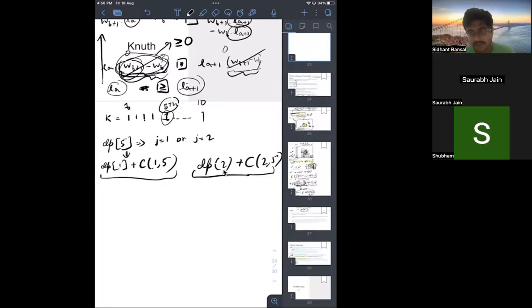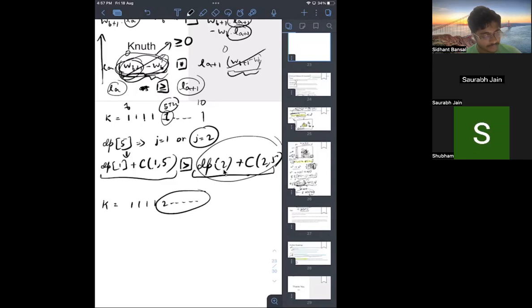I'll compare both these values. If say this value is smaller, that is J equal 2 is better, I know for a fact that in the K array at the fifth position onwards, twos are better.